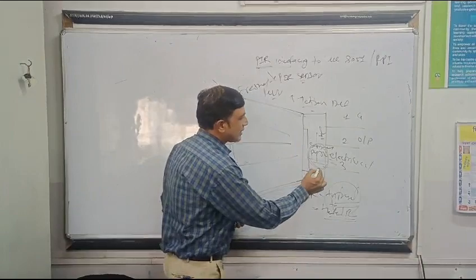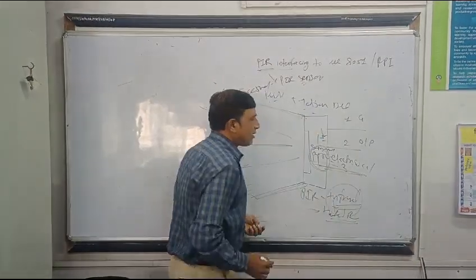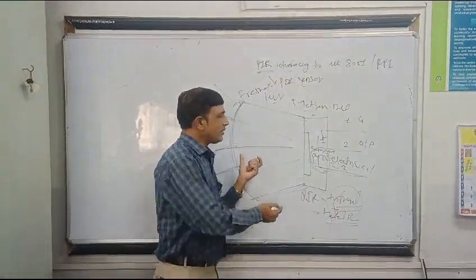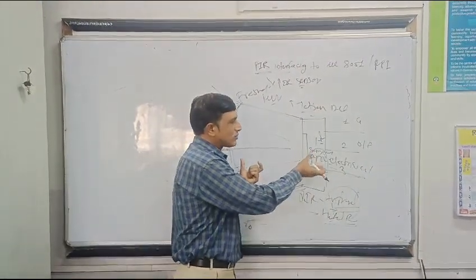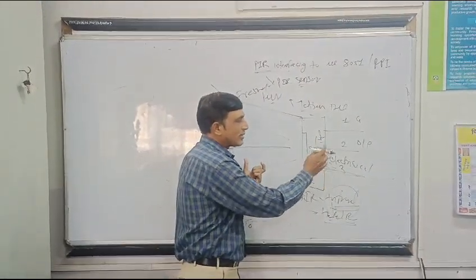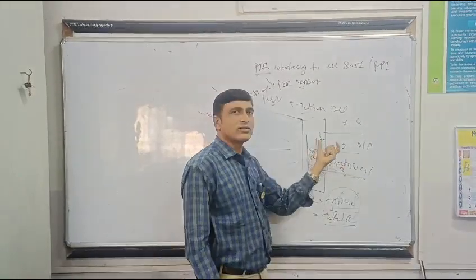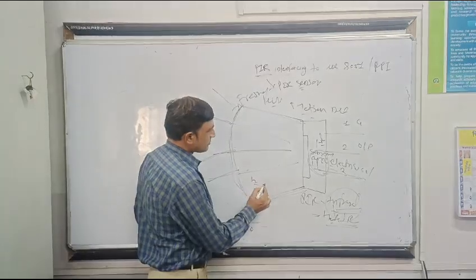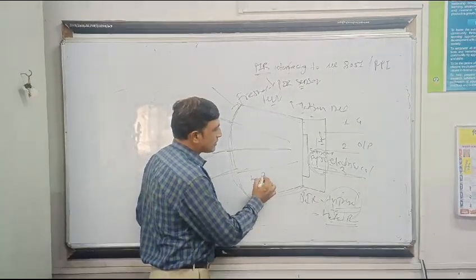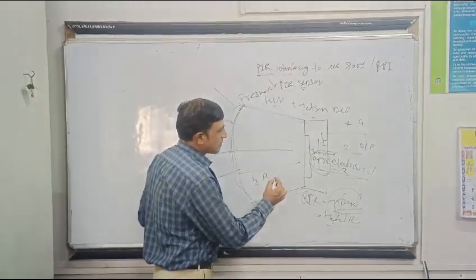The natural tendency of this material is that when any infrared or heat signal is absorbed by it, it changes its electrical property. How? This heat signal is going to rupture these bonds.